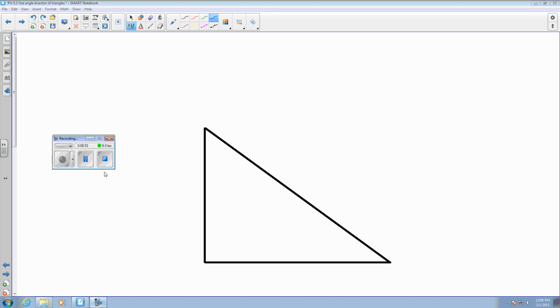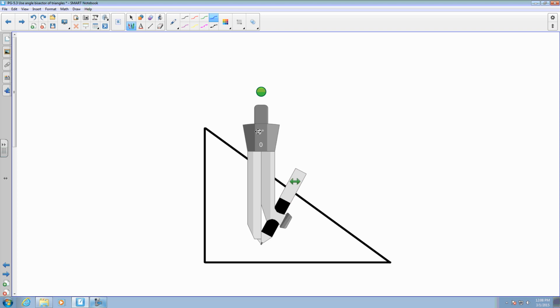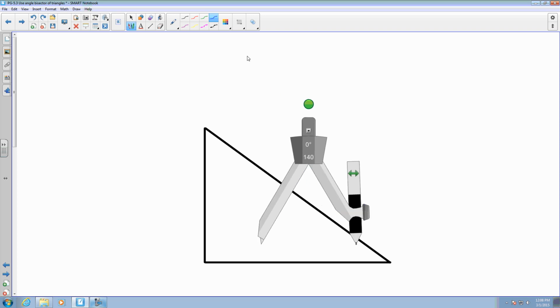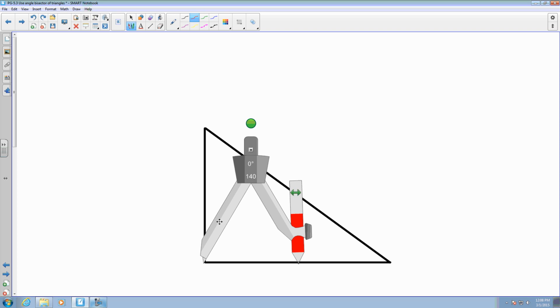So I have a triangle here. What I'm going to do is grab hold of the compass. Let's create an angle bisector.